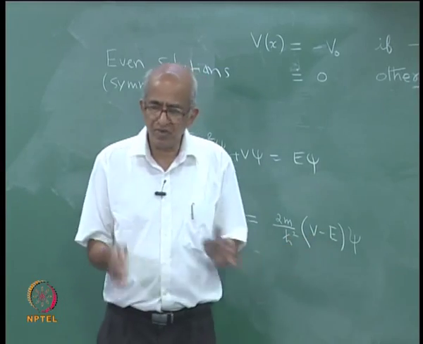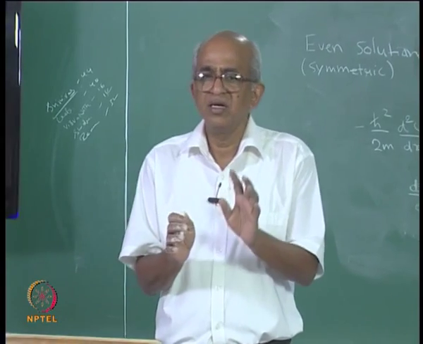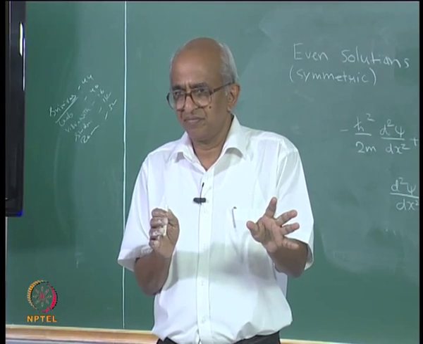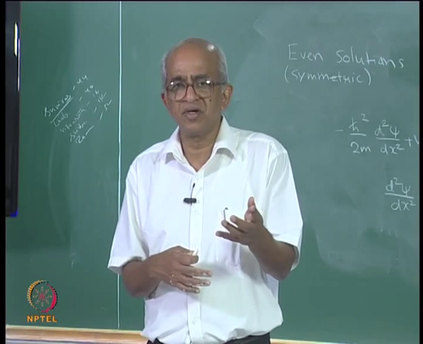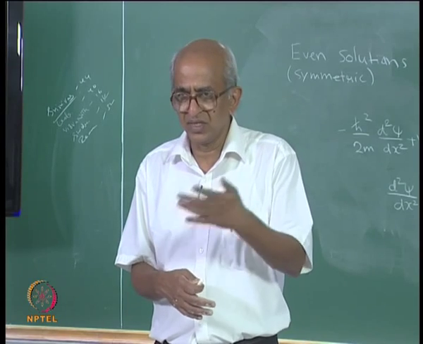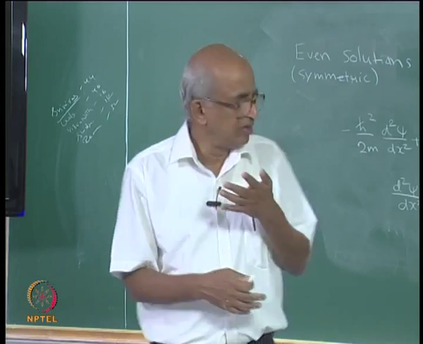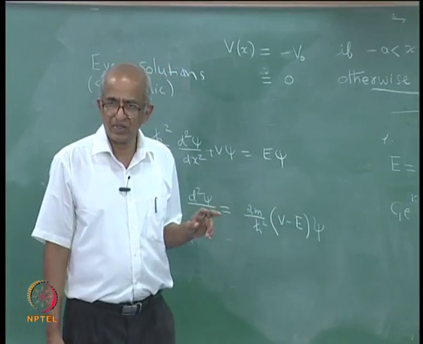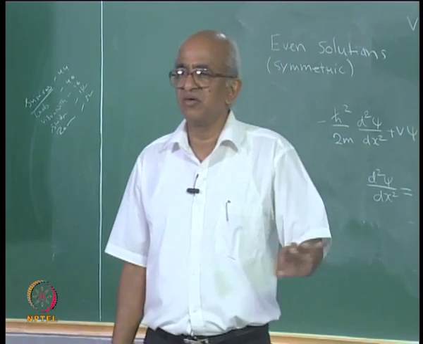So, by looking at the Schrodinger equation itself, I can say that even if the potential changes discontinuously, what will happen to the wave function? The wave function will not change discontinuously. This argument can be made rigorous and mathematical. So the conclusion is that even if you had a discontinuity in V, the wave function will not change discontinuously.